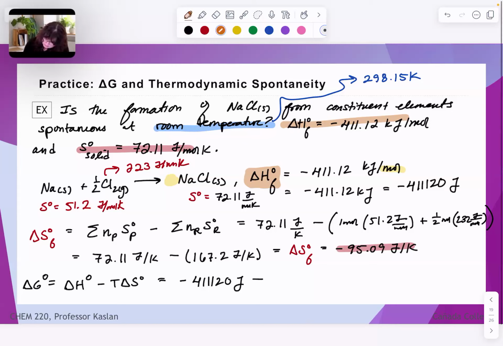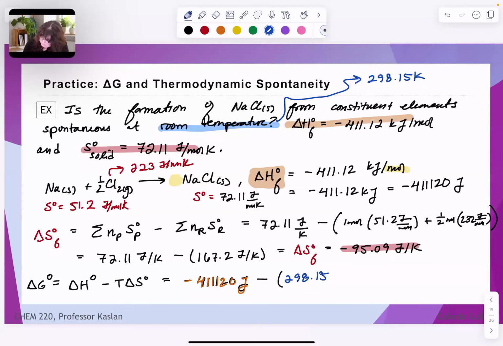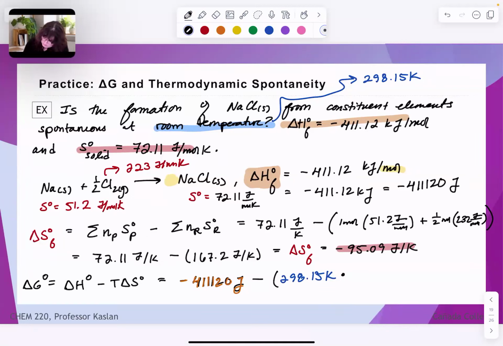Okay, let's do some color coding here. Negative 411,120 joules minus, open up a parenthesis just to be mathematically safe, 298.15 Kelvin times our negative 95.09 joules per Kelvin.